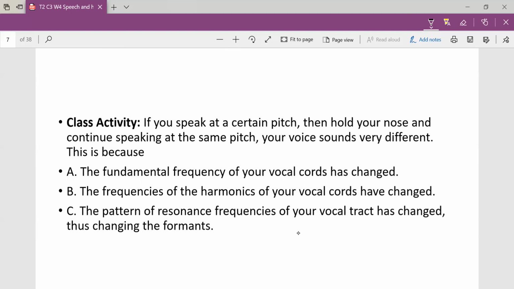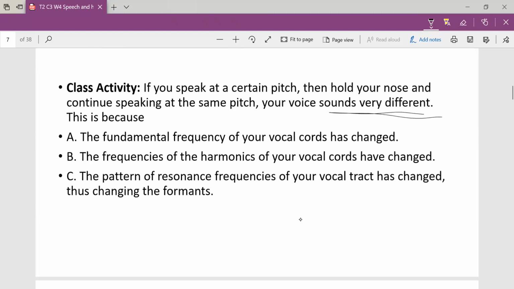Like I said, this question is just asking you, why is there a change even when you are speaking at the same pitch, but you just made an alteration to one of the connecting pipes to your vocal tract.